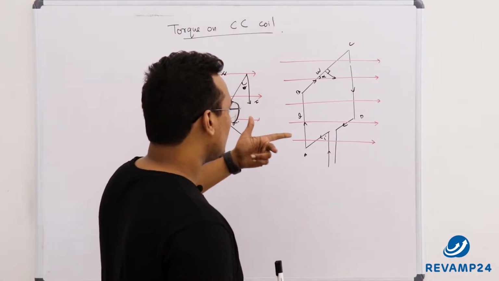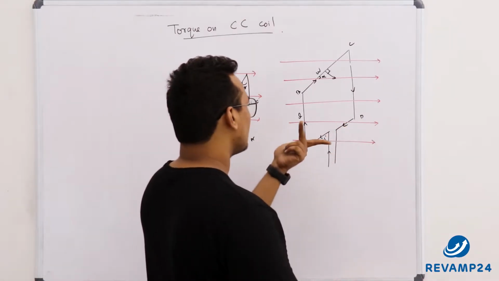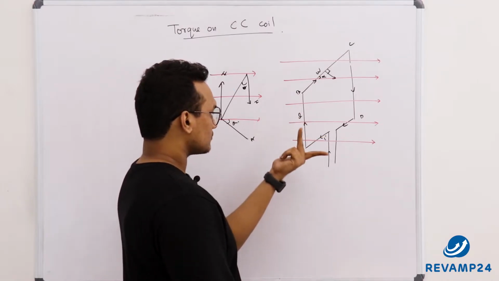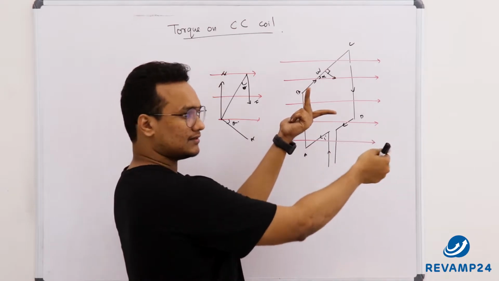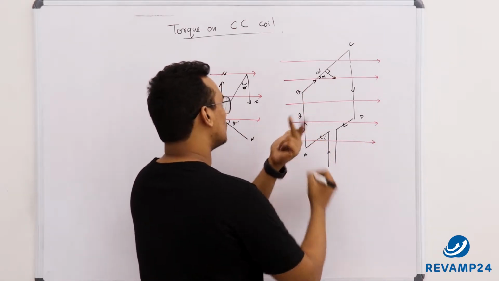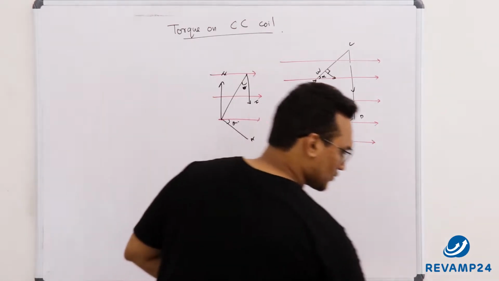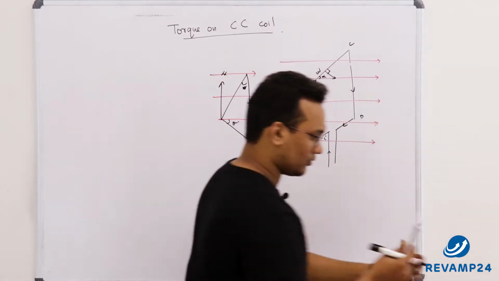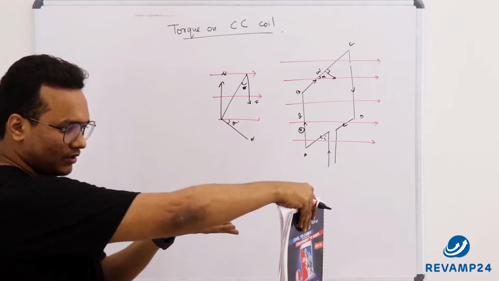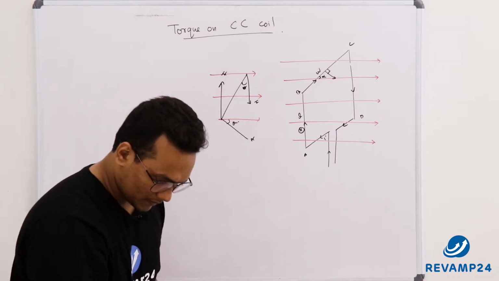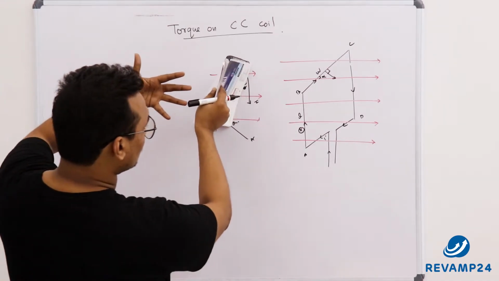So on AB, magnetic field is in this direction. Force is in this, current is in this direction, magnetic field is in this direction. So force is into. Now what is this? This one is the top view. So this is the magnetic field passing through the coil. Now when I am looking from the top, that looks like this.